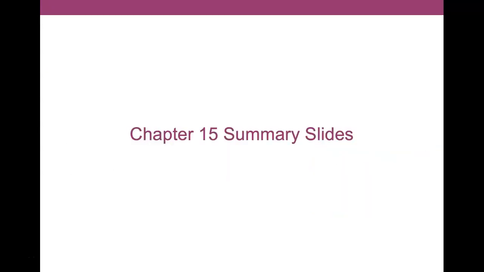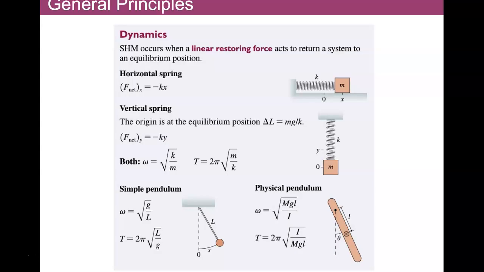So let's take a look at the summary of what we did in chapter 15. We talked about a horizontal spring, a vertical spring, a simple pendulum, a physical pendulum. In all cases, there was a restoring force proportional to the displacement.